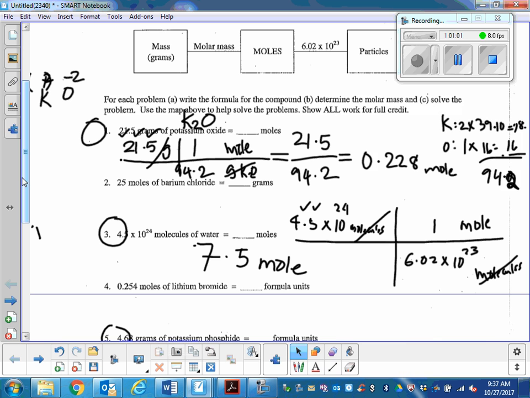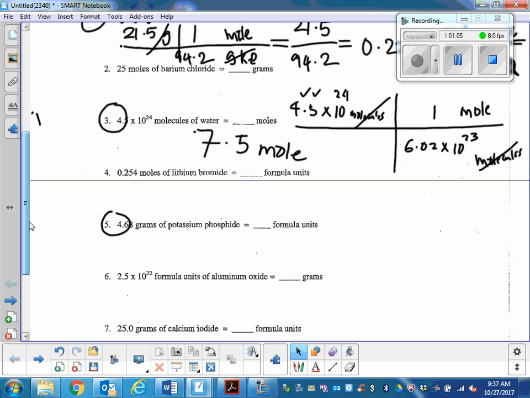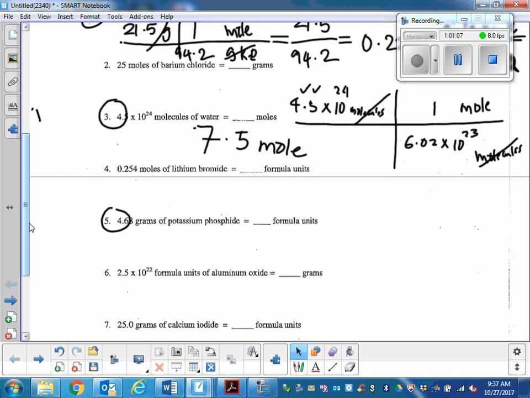Alright, let's come down to problem number 5. Okay, so we are going from grams to formula units. What do we convert grams into first? Can I go from grams to formula units straight? Moles. So here is my problem: 4.68 grams. What is the formula for potassium phosphide?